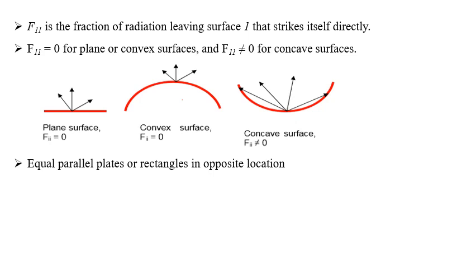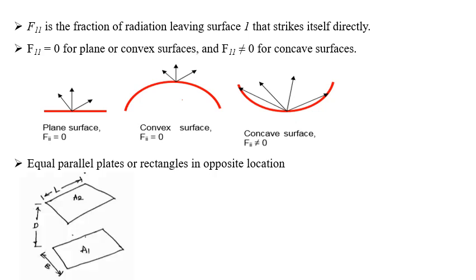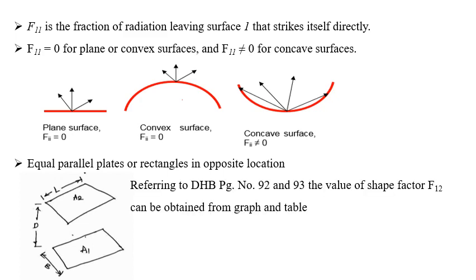Equal parallel plates or rectangles in opposite location. In this case, the shape factor can be found by referring to the data handbook page numbers 92 and 93. The value of shape factor F1-2 can be obtained from the graph and table. For that graph we have to calculate the values of x and y.